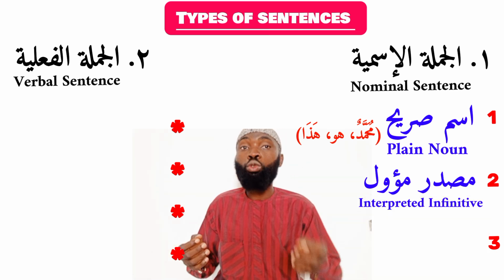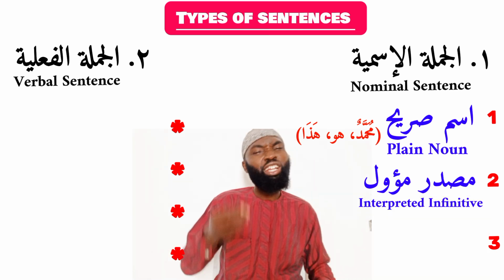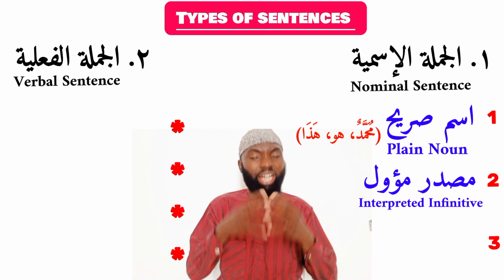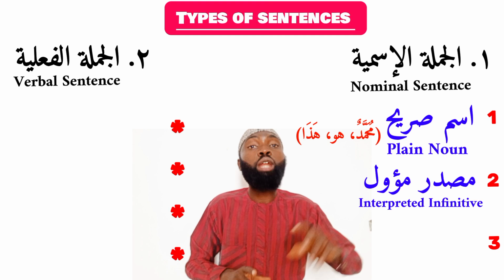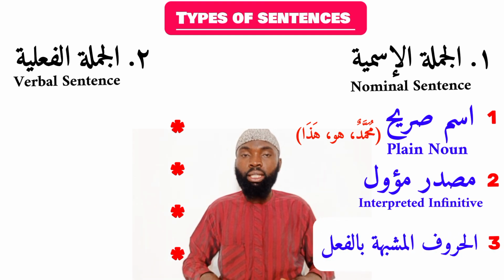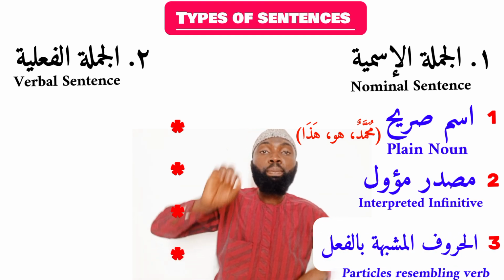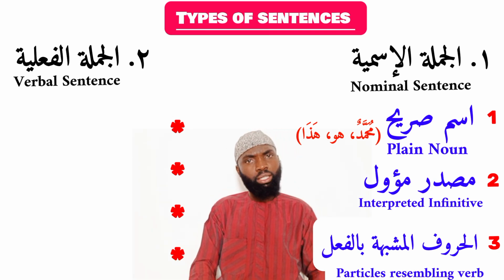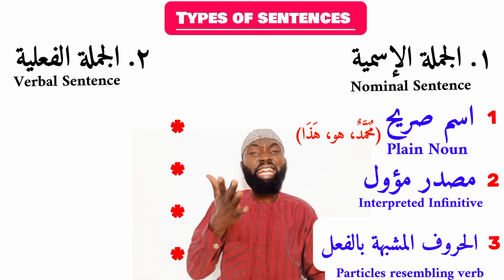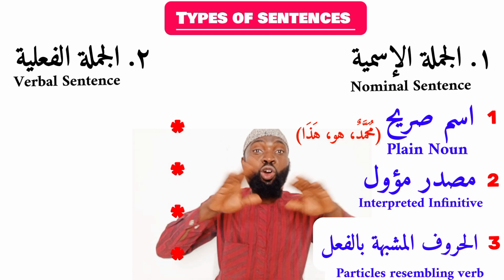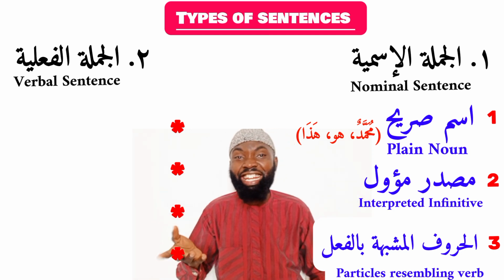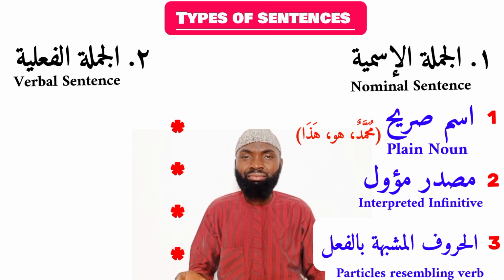Sometimes a sentence could also be named a nominal sentence, jumlatun ismiya, when the sentence has what? Al-huruful mushabbaha bil-fi'l. When the sentence begins with particles which look like verbs. An example of these particles is the word inna, and the akhawatu inna, the sisters of inna, like ka'anna, lakinna, laita, la'alla, and the rest of them.